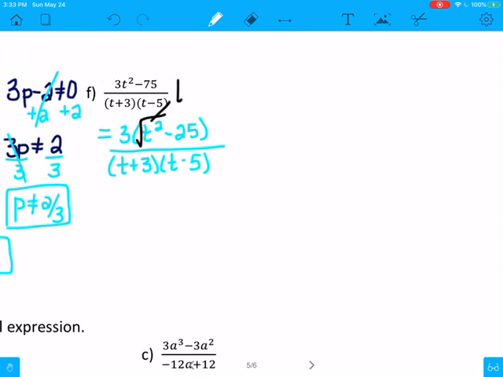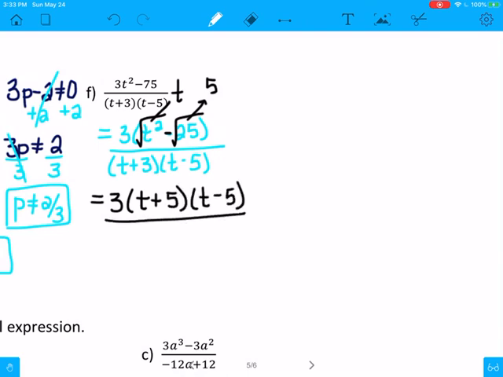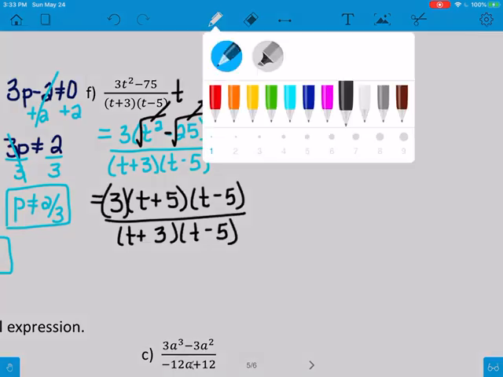Square root of t squared is t. The square root of 25 is 5. And I have a minus sign between. So on the top, I'm going to have 3 like I had before, but I'm going to end up with 2 factors. T plus 5, t minus 5. And in the bottom, t plus 3, t minus 5. And this 3 can go in its own brackets.